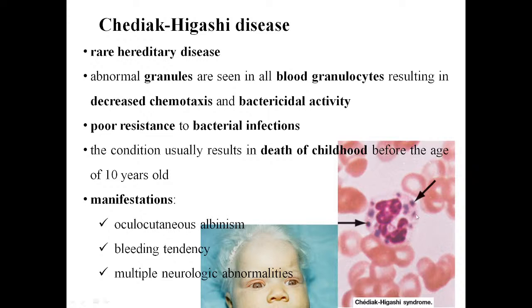Let's look at this diagram. This is a granulocyte, and there are abnormal granules present inside, and phagocytes can't move to the site of infection. They don't have lytic enzymes for destruction of the pathogen, so they are not active.